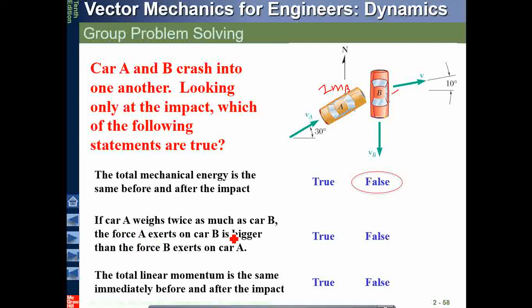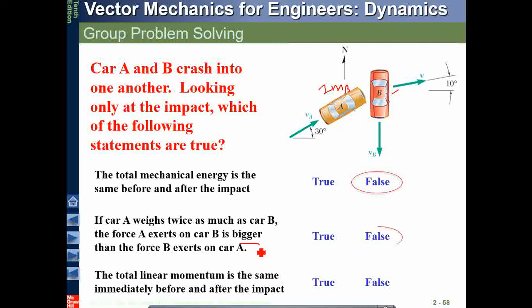Car A weighs twice as much as car B. The force A exerts on car B is bigger than the force B exerts on A. No, it cannot be bigger, because from Newton's third law of motion, to every action there is an equal and opposite reaction.